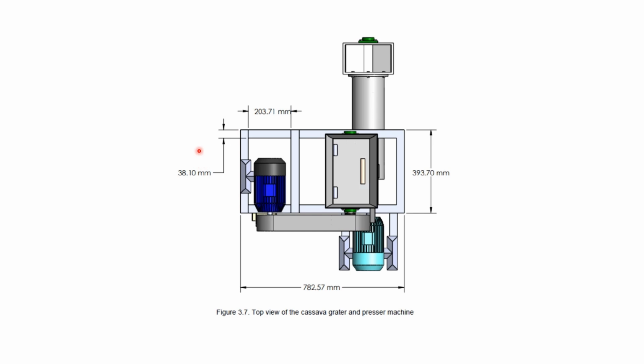Like for example, this one, 203.71. So when you fabricate it, you will not actually fabricate that as 203.71, but perhaps 203 or 204, depending on the machinist. So to make your life easier, make it a whole number.